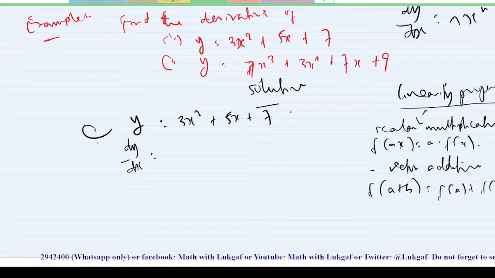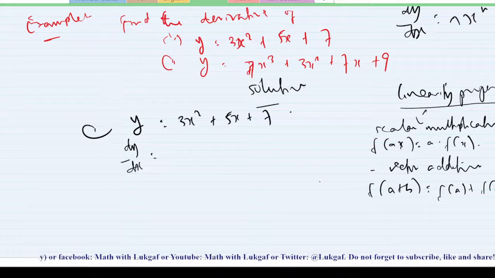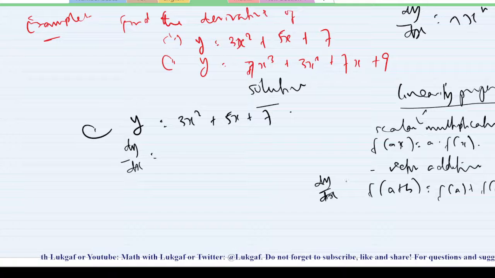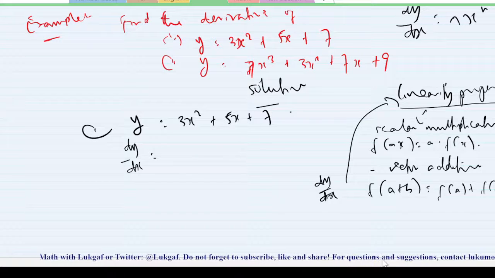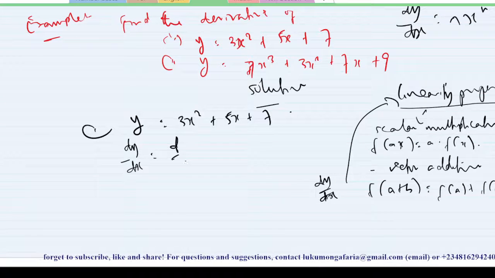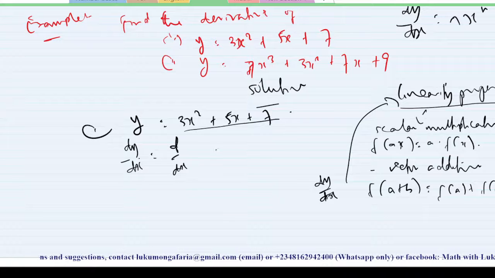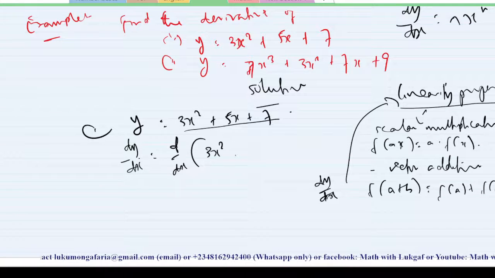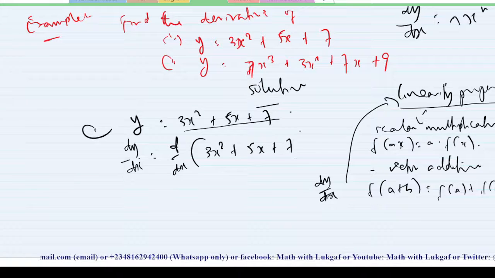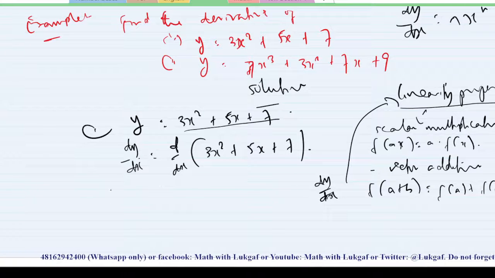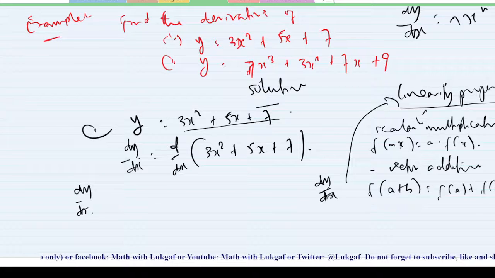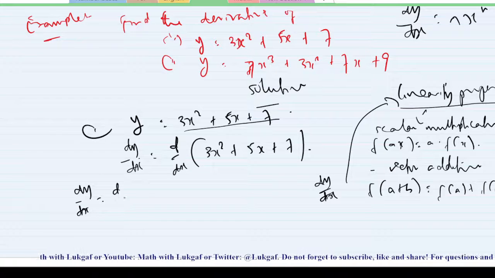Likewise, your derivative, which is dy dx, that is the differential operator, also satisfies this property, which we are going to use. So I can conclude here that d dx of, remember, my y here is 3x squared plus 5x plus 7. Then you can apply your linearity property, taking this one by one, applying vector addition.